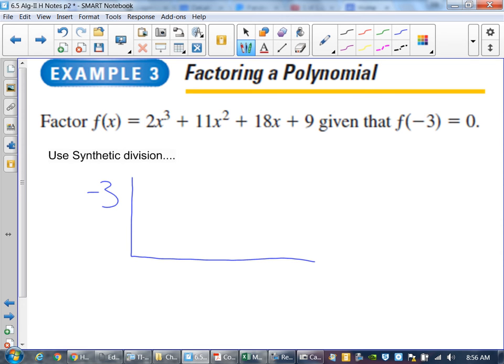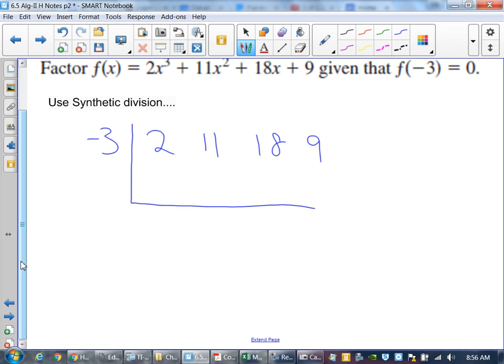We have a third degree polynomial. Third degree polynomial should have 4 terms. We do. Don't need any placeholders, so I fill in the blanks. 2, 11, 18, 9. This is different than all the other ones, because this one has an a bigger than 1. That's still the same thing.